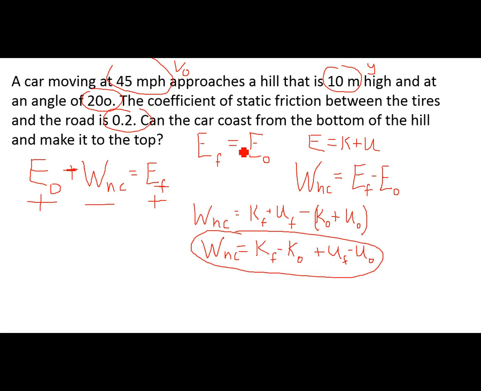I'm going to make a quick conversion here. 45 miles an hour is 20.125 meters per second.